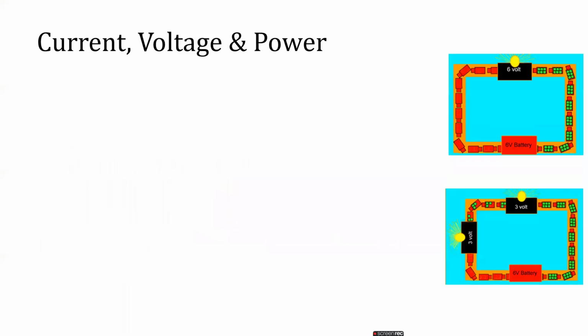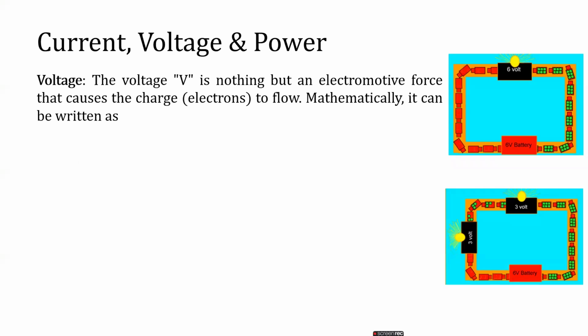Our next definition is, what do you mean by a voltage? I will read the definition here. The voltage V is nothing but an electromotive force that causes the charge or electron to flow.